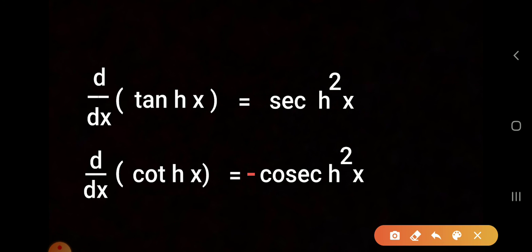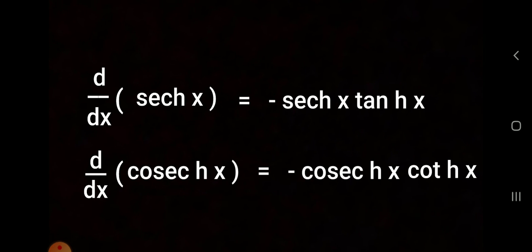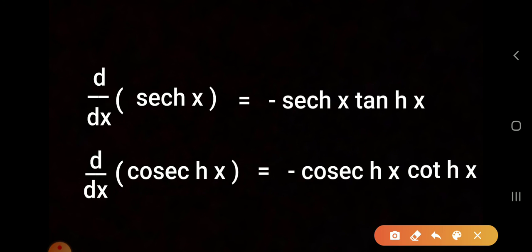So the derivative of cot hyperbolic x equals minus cosecant hyperbolic square x. And the derivative of secant hyperbolic x is minus secant hyperbolic x into tan hyperbolic x. Again, don't forget the minus.